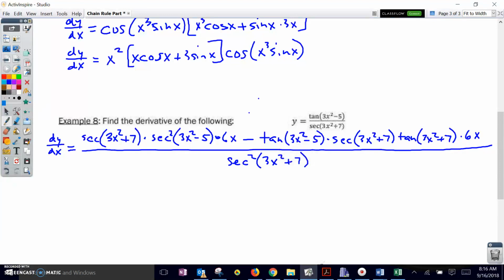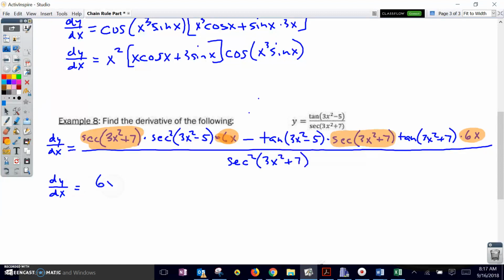And now I'm going to clean this up. Let's see, what can I factor out of both of these? I've got a 6x in both, and I've got a secant of the quantity 3x squared plus 7 in both. So I'm going to factor that out.